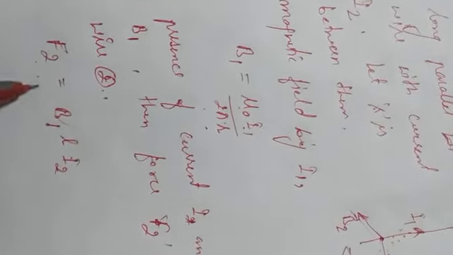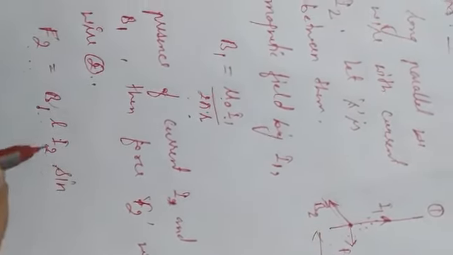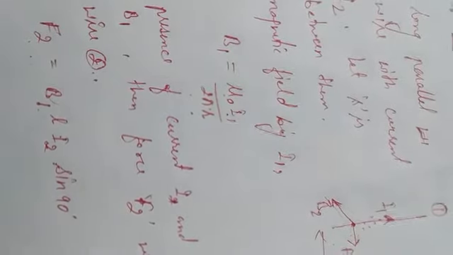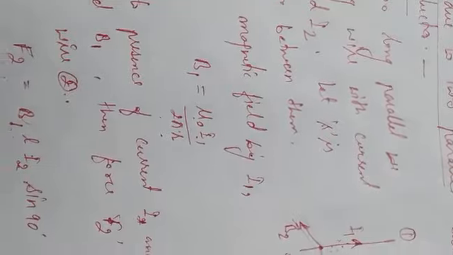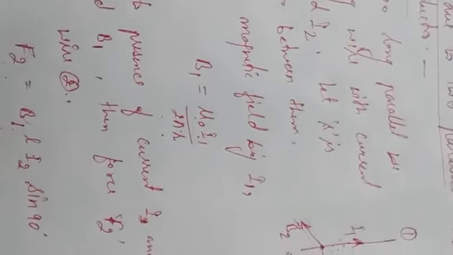Then F2 equal to BIL, and the angle also comes, that is sin theta, so we write sin. The angle between L and B is 90 degrees, so we write sin 90 degrees. F2 equals B1 L I2.